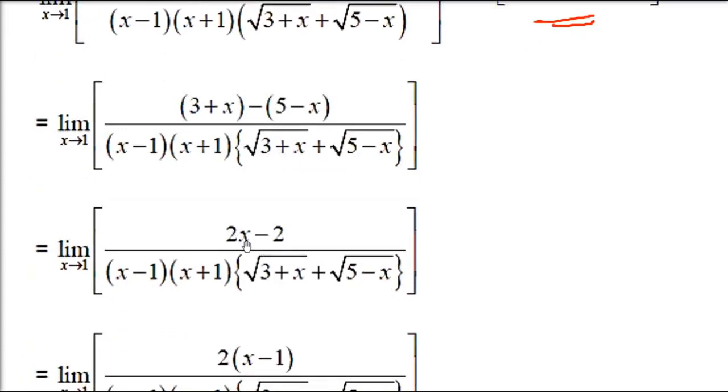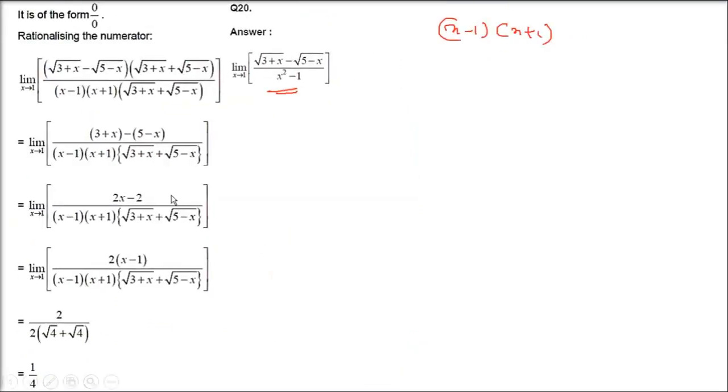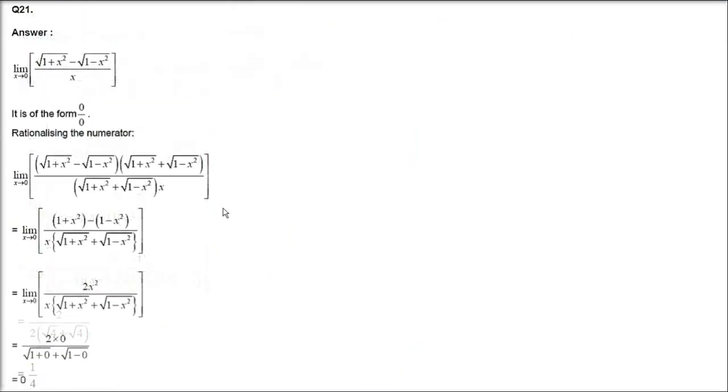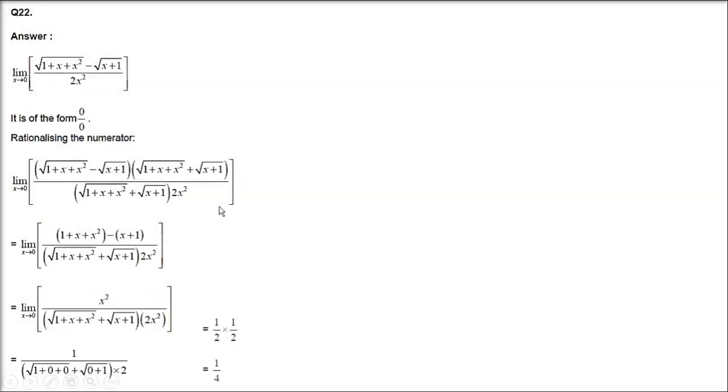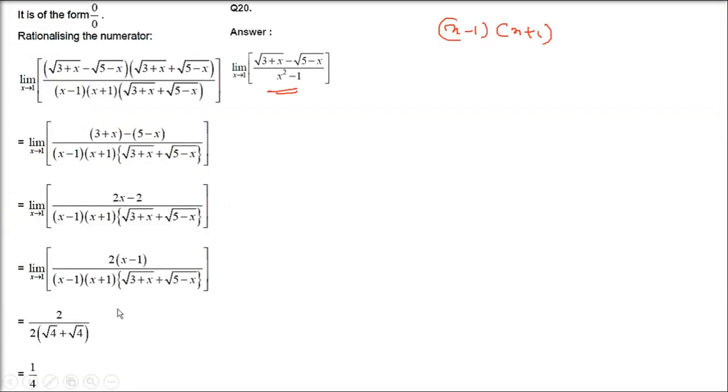So in the numerator 2x minus 2, now you can take 2 common. So twice x minus 1 will come, and then the final answer you know, that is 1 by 4 is going to come. Okay? To take common, x minus 1 cancelled. And of course, as I said, x minus 1 just cancels.